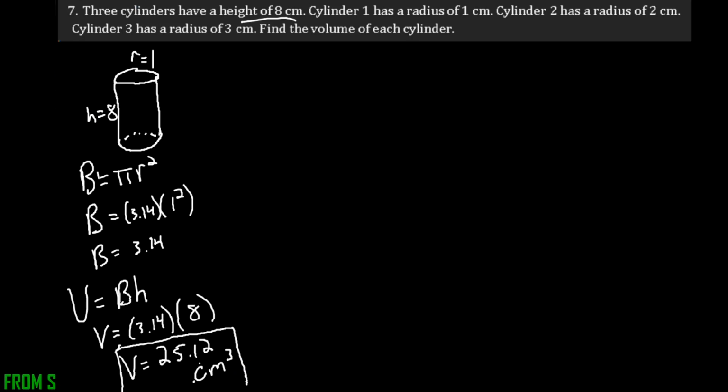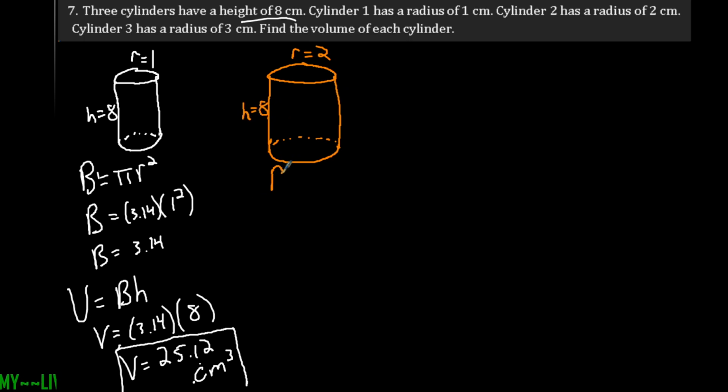All right, let's draw another one here. So here's a new one. This is slightly larger because its radius is 2, and its height still is 8. So h equals 8. We're going to find the area of this base. So big B is equal to 3.14 times 2 squared, which is 4 times 3.14, which is 12.56.